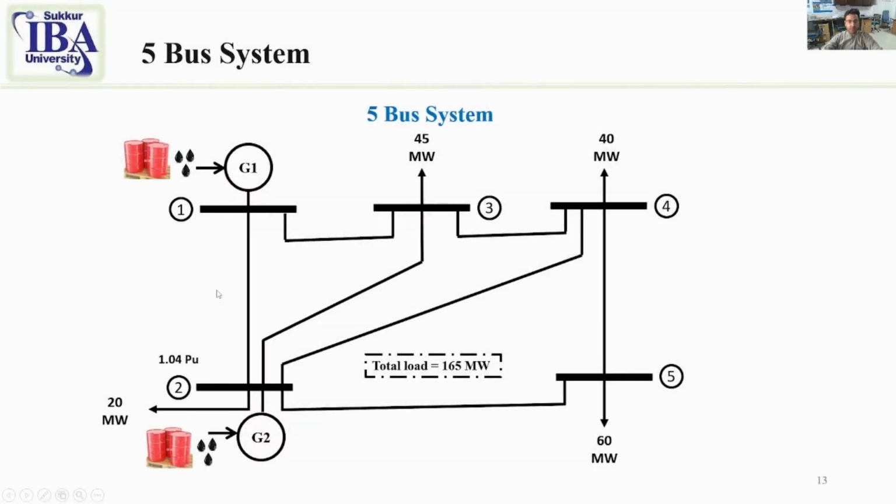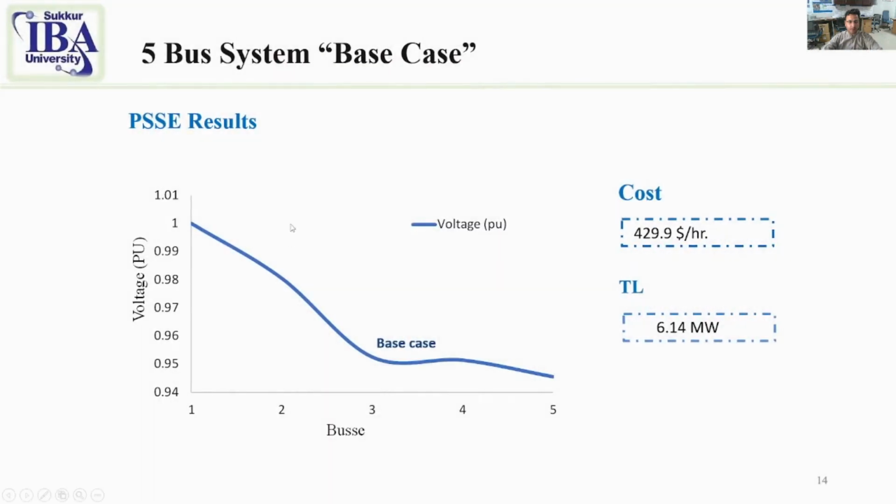So now we have the 5 bus bar system. Here you can see this is the SLD of the 5 bus bar system. The base case we need here, we ran the base case in PSSE software. Here you can see we get the results.